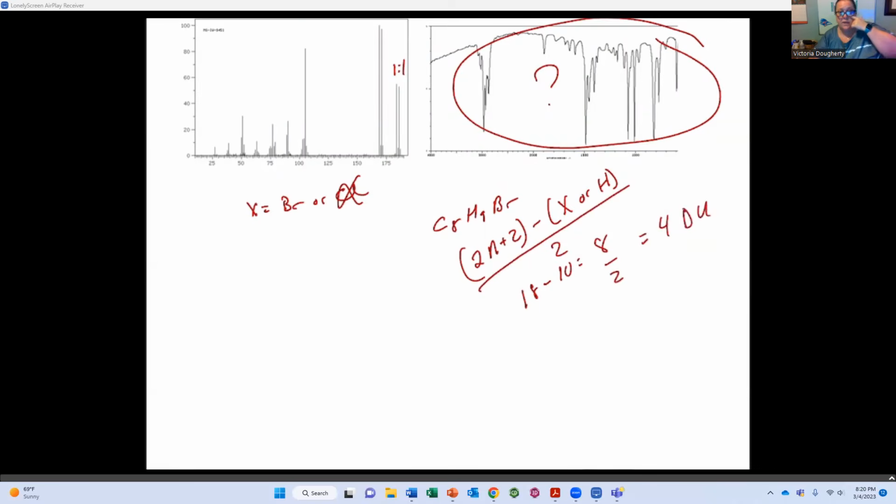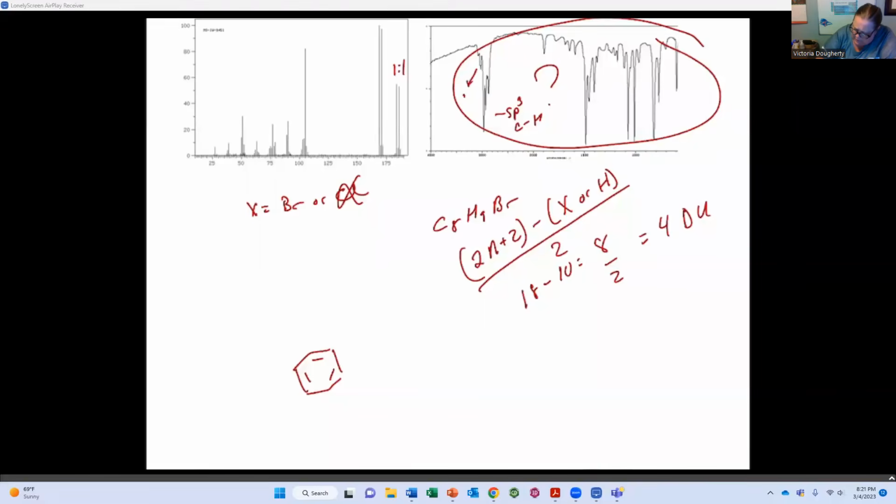As I'm going to tell you next time, if I give you 4 degrees of unsaturation or more, probably you have a benzene ring because you have 1 ring, 1 degree of unsaturation, 3 bonds, 3 more degrees of unsaturation, for a total of 4. And so what's really interesting here is what? Nothing. I have sp3 carbon hydrogen stretching.